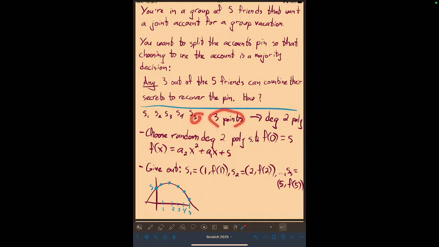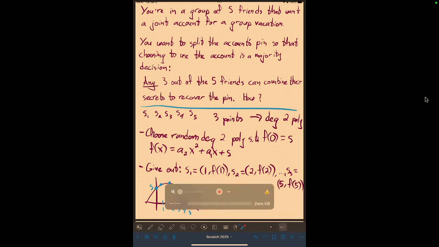That was based on the number of people that need to come together. So if there were 7 people, but all you cared about is not majority, but only 3 people need to get together to unlock it, you'd still use a degree 2 polynomial. You would just have to give out more shares. You'd give out 7 shares of the polynomial with the expectation that 3 people need to come together to unlock it, because 3 points make a parabola, and that fully defines the curve, which gives you the y-intercept.